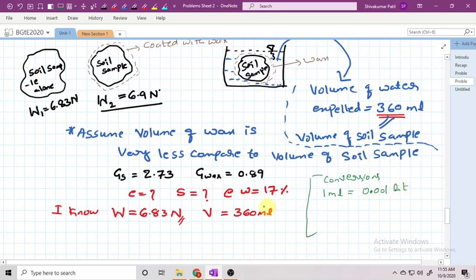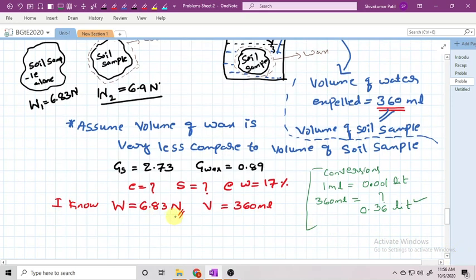So I want to convert 360 ml. 360 ml is equal to how many liters? 360 into 0.001 gives 0.36 liters. So now I have it in terms of liters; I converted ml to liter. From liter, again I have to convert to cubic meter.